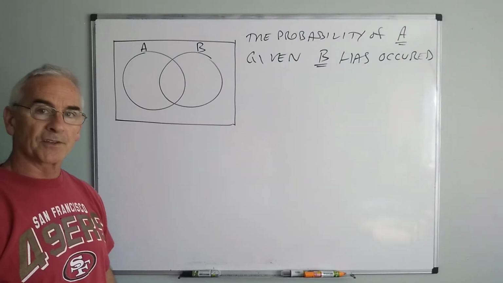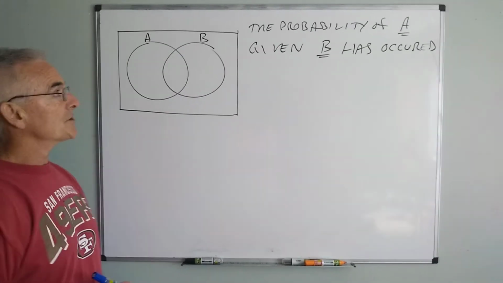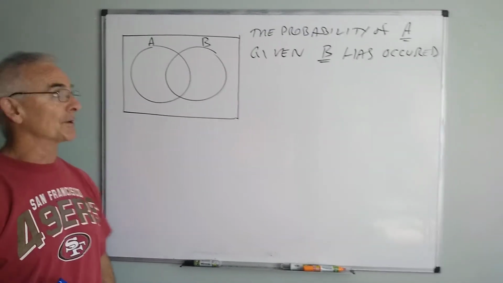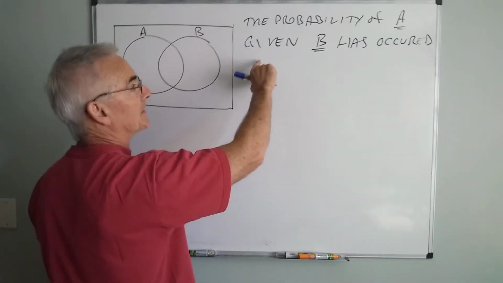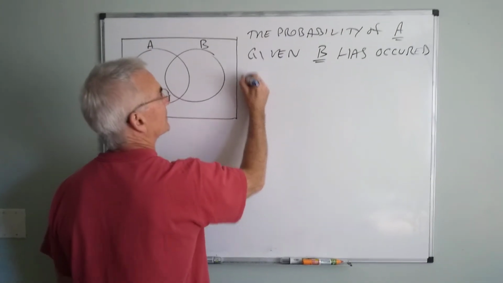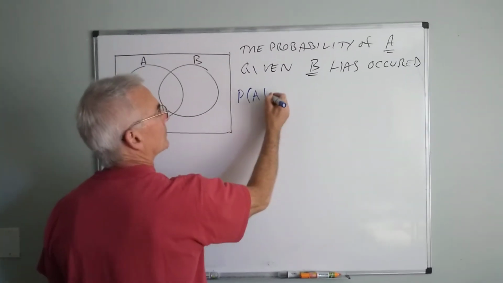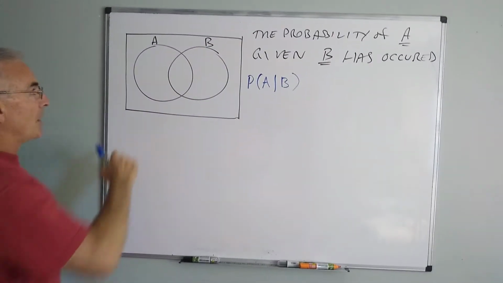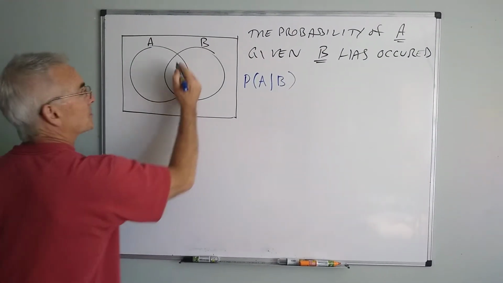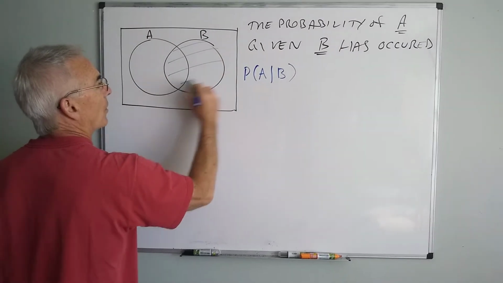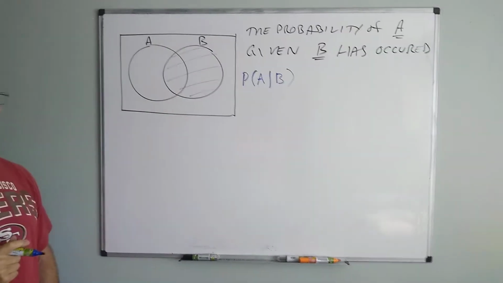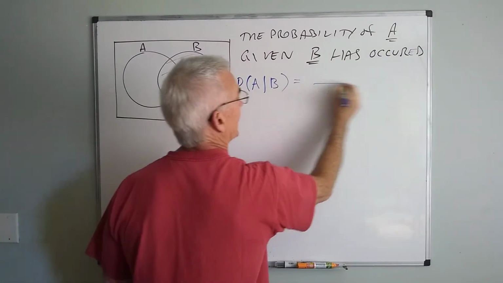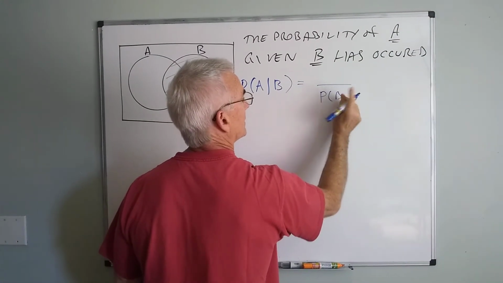Now, to summarize the dice roll problem, we want to determine what is the probability of an event occurring given that another one has occurred. And we say the probability of A given B has occurred, and we write it like this. The probability of A, vertical bar, B. Now, if B has occurred, that means I go from a large sample space to a sample space that consists only of B. That means the probability of B is going to be my denominator because that's where the sample space comes from.